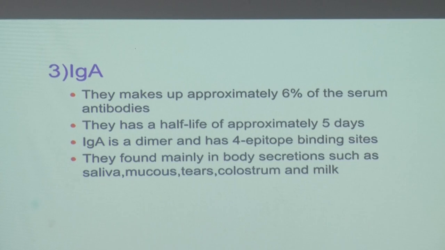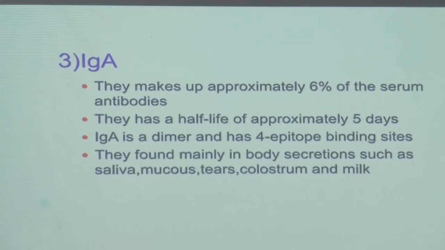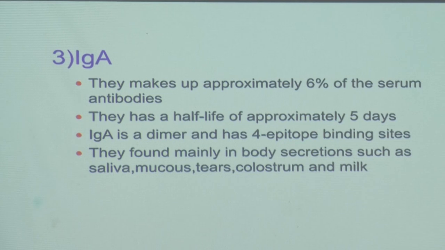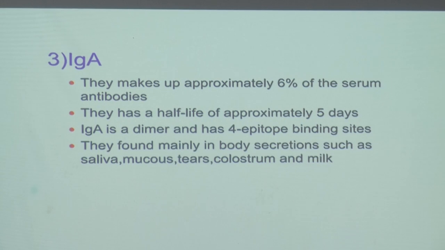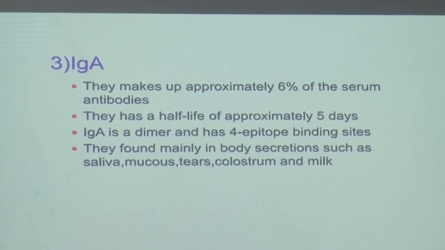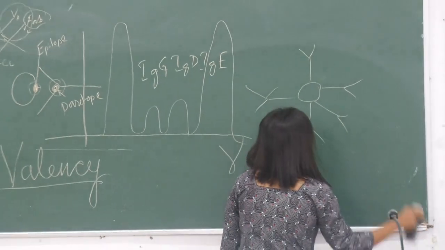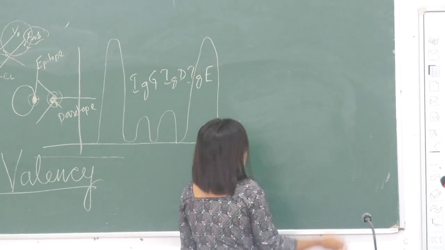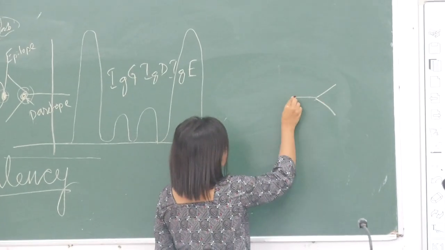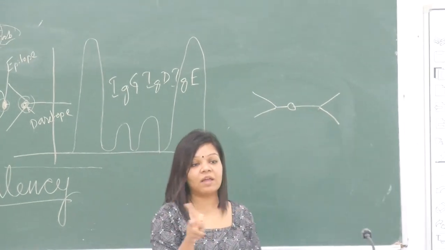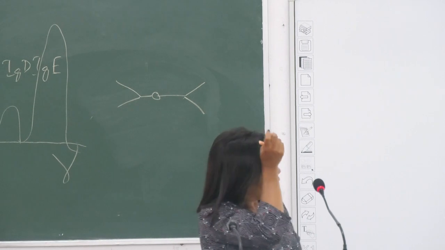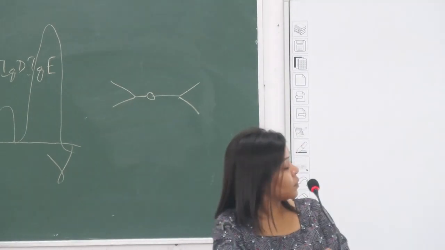So next is IgA. Why is it important? Although it is only 6% in the serum and has a half-life of 5 days, it has 4 epitopes. That means the IgA molecule is like this, it has a total of 4 epitopes.